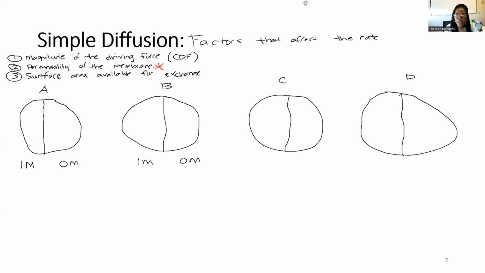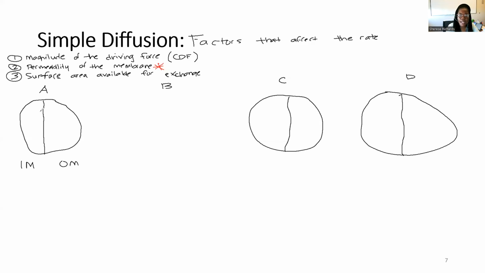Okay. Now what I'm going to do is I'm going to increase the size of cell B. So let's say cell B is now, I apologize if you're having to erase. I should have made this larger from the beginning.